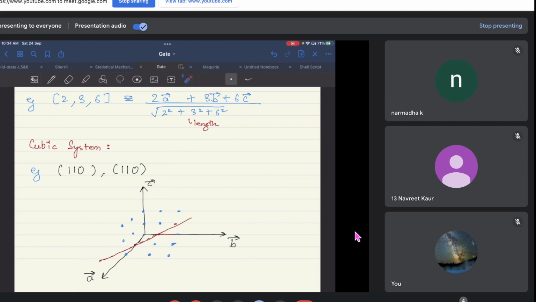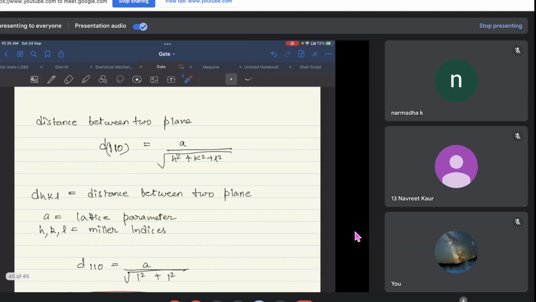Both have the same plane or surface, that is 110, in a simple cubic lattice with lattice parameter A. I have only shown the 110 plane here, and there will be another plane successive to it, parallel to it.